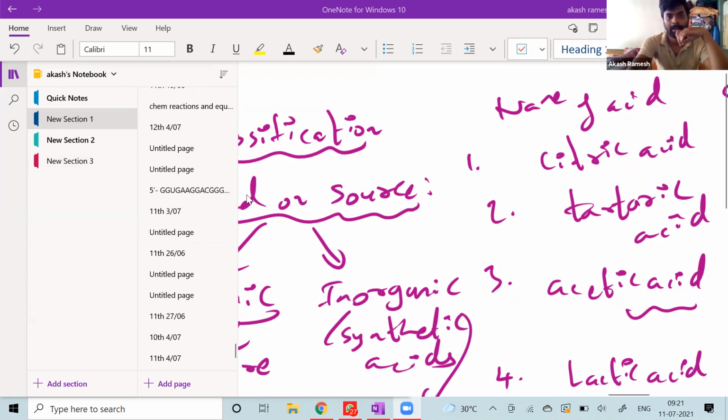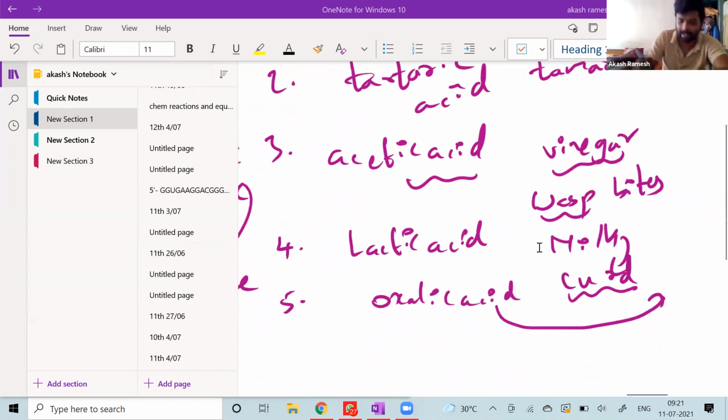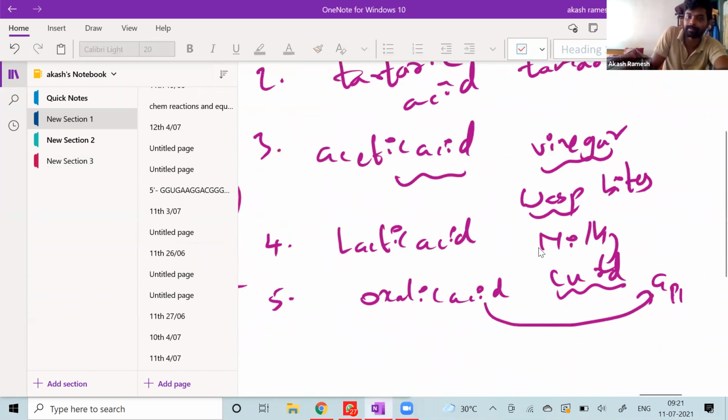Yes, malic acid is there in apples. First we complete this. Correct, Aditi, whatever you're telling is absolutely right. So oxalic acid is there in your apples.